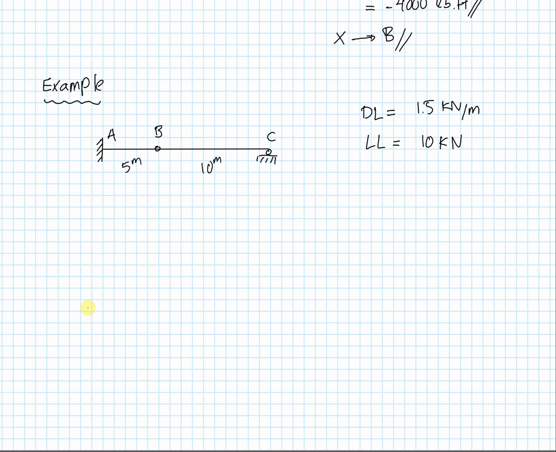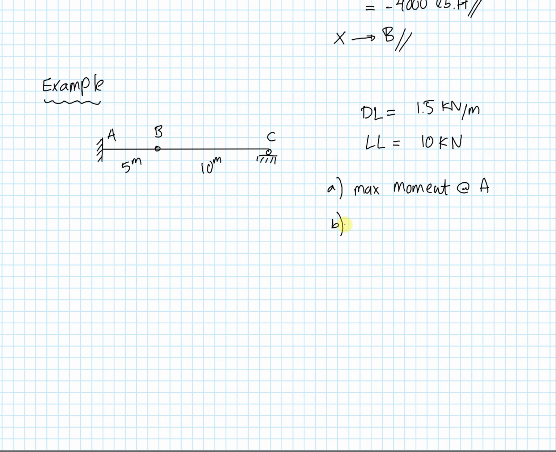And so the question we're getting asked is: A, what is the maximum moment at A? So max moment at A due to any arbitrary positioning of these distributed and point loads.